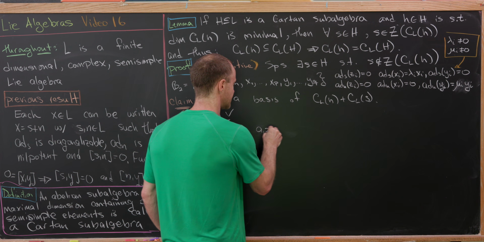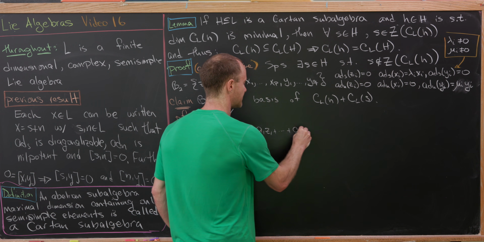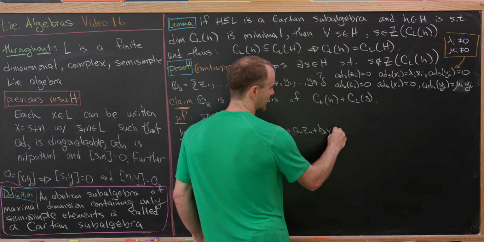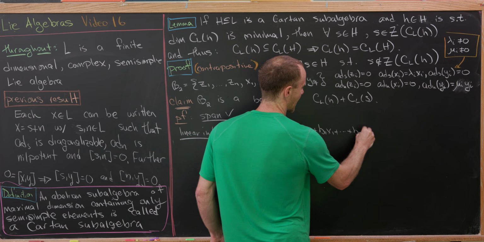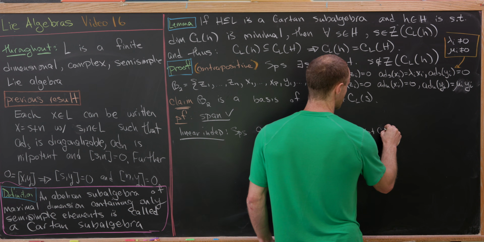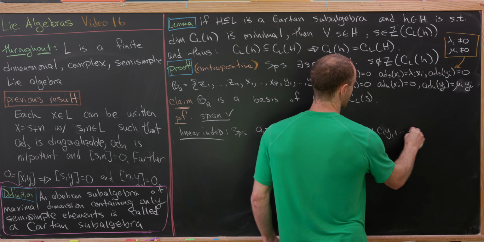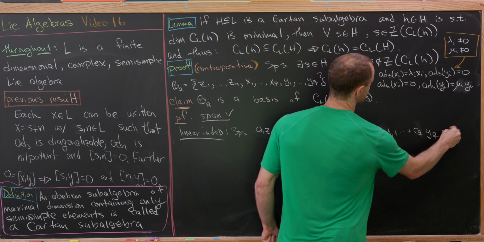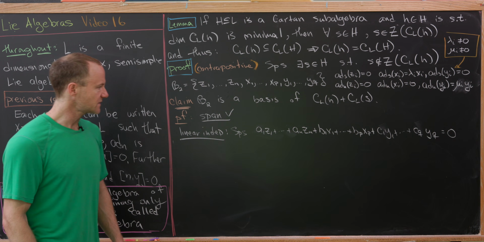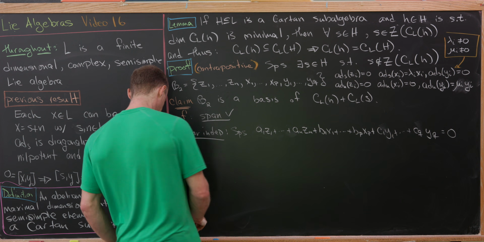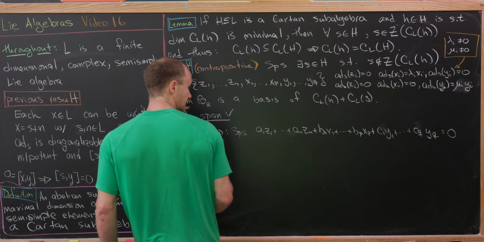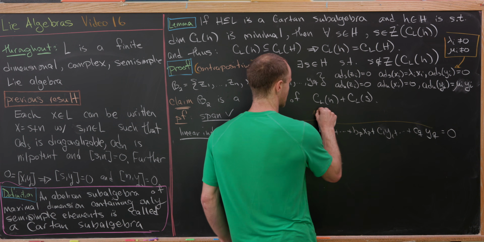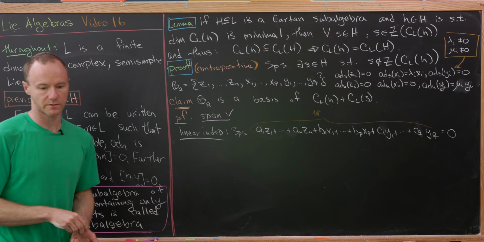We'll take a1 z1 added all the way up to an zn, plus b1 x1 added all the way up to bp xp, plus c1 y1 added all the way up to cq yq, is equal to 0. And then, let's give this thing a name just for ease of use. Maybe we'll call this whole thing little w.